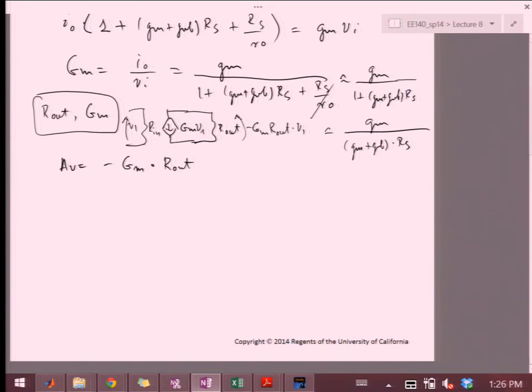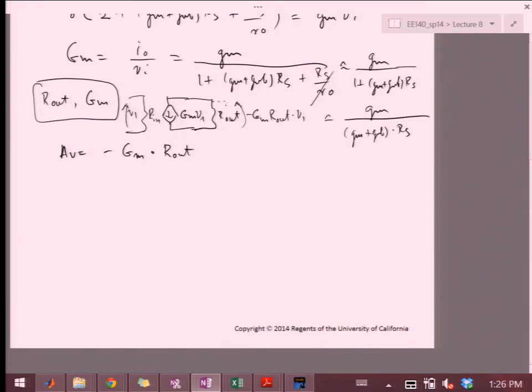Now, of course, this is where Rout, I haven't added any load. So if I add a load, then that load will show up here as some RL. So my Rout will have to be in parallel with RL. That's why I can save this RL for the end. I don't have to include it immediately. I can solve without it and just add it in the end.